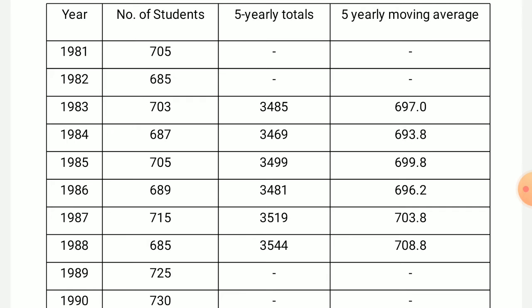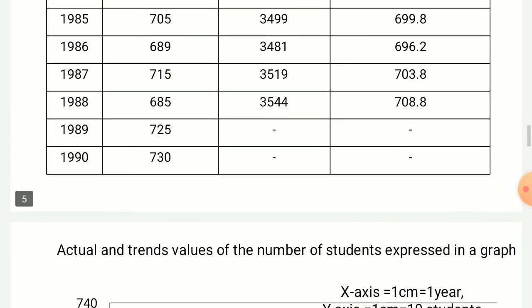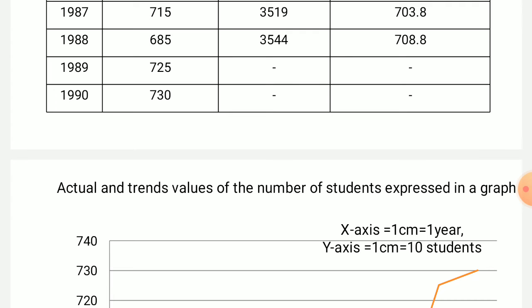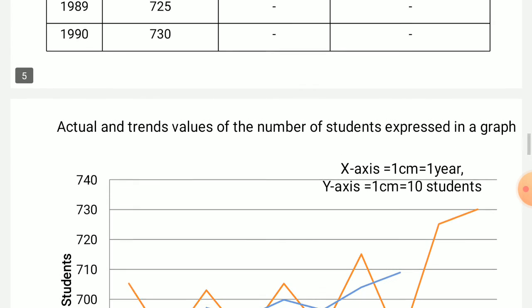So 5 yearly moving average is equal to 5 yearly total divided by 5. Then we have to represent the actual value as well as trend values of the number of students in a graph sheet.